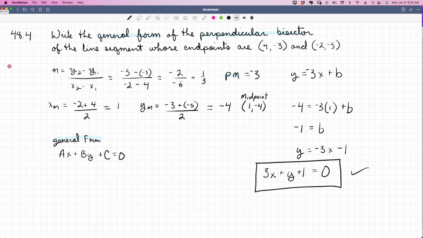So first, find the slope. Second, find the perpendicular slope. Then write the perpendicular equation.